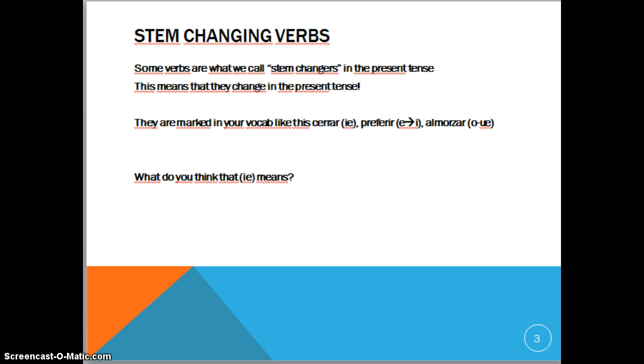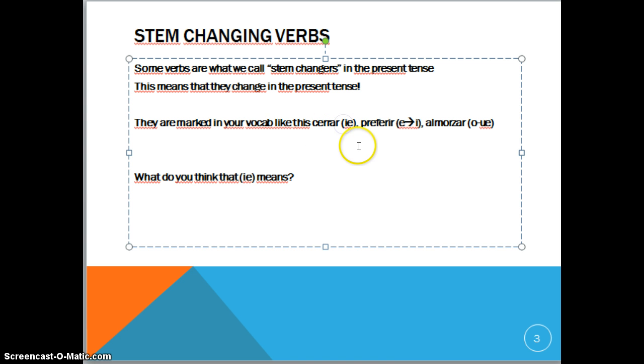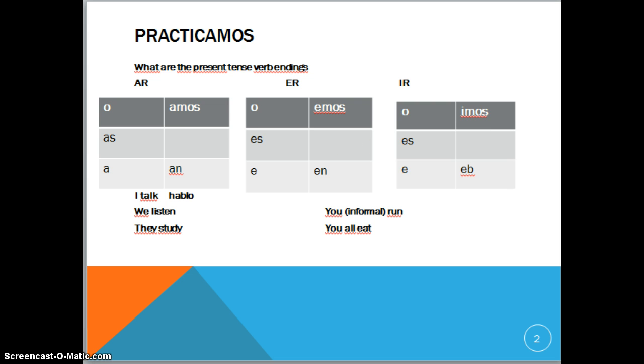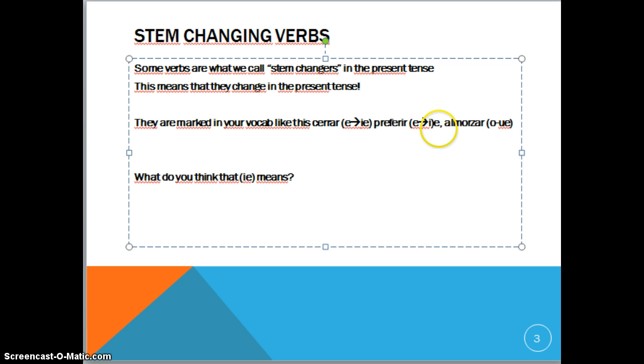All right, so when we're talking about stem changing verbs, we call these verbs stem changers because they change. They're marked in your vocab usually like an E to an IE, E to I, or O to UE.